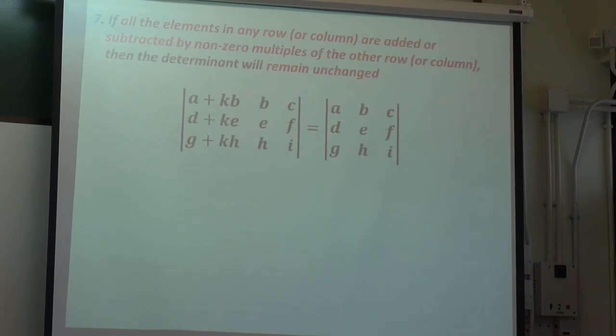And this is the property carried from 6, because you see that this is why I say you can reduce. As long as we can find this, and we know that they can. Remember, pay attention to the second term of each element here in the first column. This is KB, this is KE, this is KH, which is actually proportional to the second column.